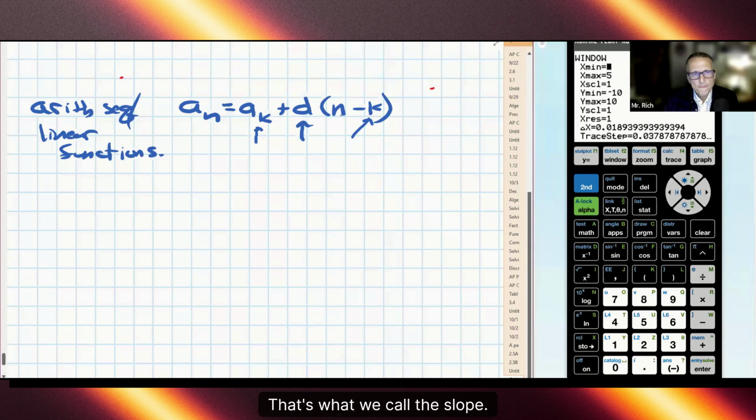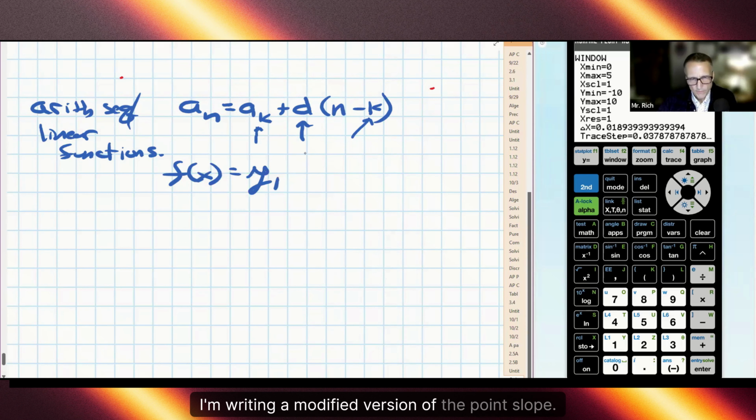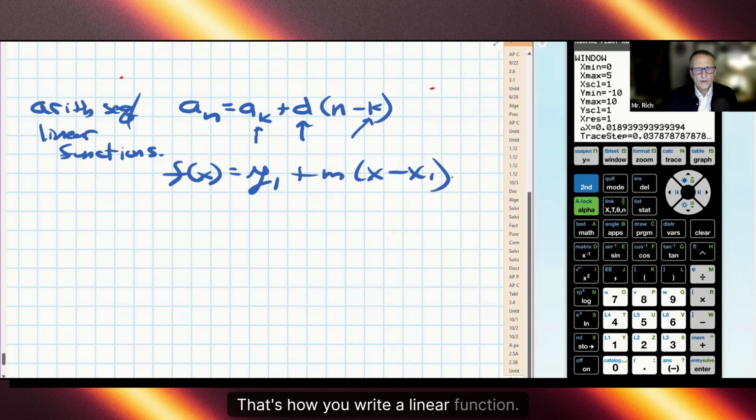That's what we call the slope. Well, for linear functions, it's the same function. It's the point-slope equation. I'm writing a modified version of the point-slope form, moving the y1 over to the right side. It looks like this. That's how you write a linear function, and those of you taking calculus are very familiar with this. This is called the point-slope form of a linear function.